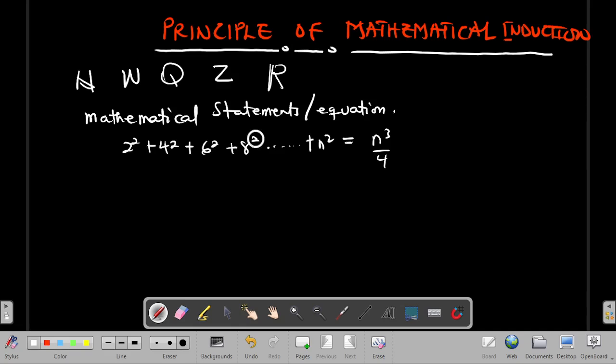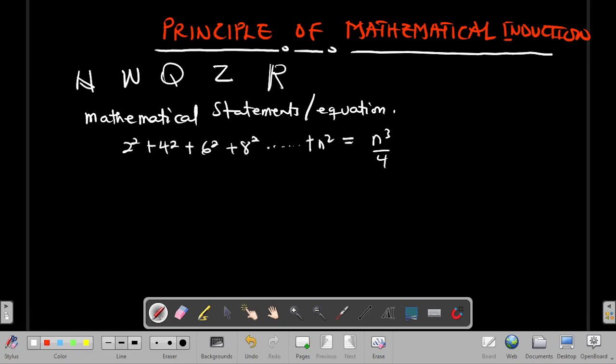Whenever you derive a mathematical relationship like this, you've got to prove to people that this relation always holds for every particular number. Please, this is just an example I'm citing.